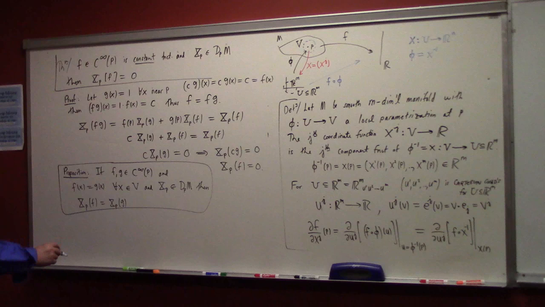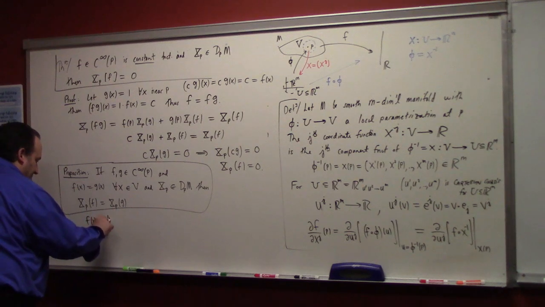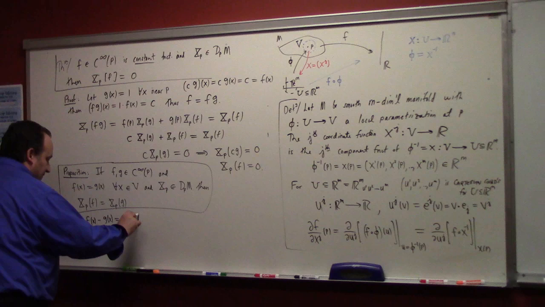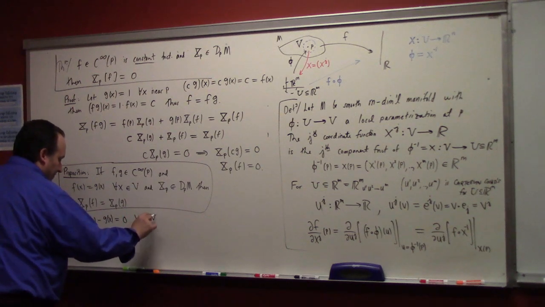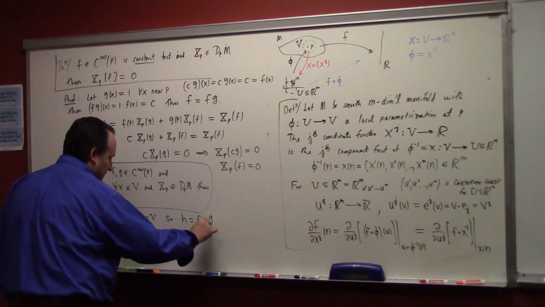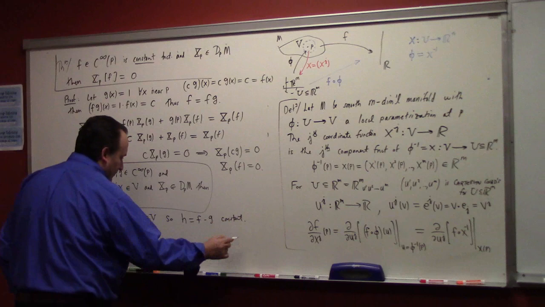The way this is proved, then, is simply this. If we have f of x minus g of x is equal to 0 for all x in V, right? So h equals f minus g is constant, right?